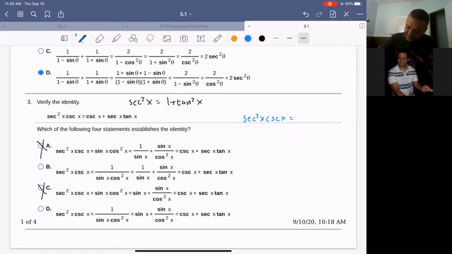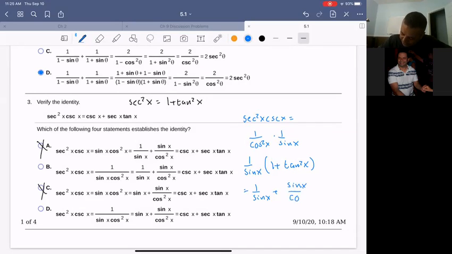So let's keep it: 1 over sine x times 1 plus tan squared of x. Now tan is, remember, sine over cosine, so we're going to have sine x over cosine squared x.